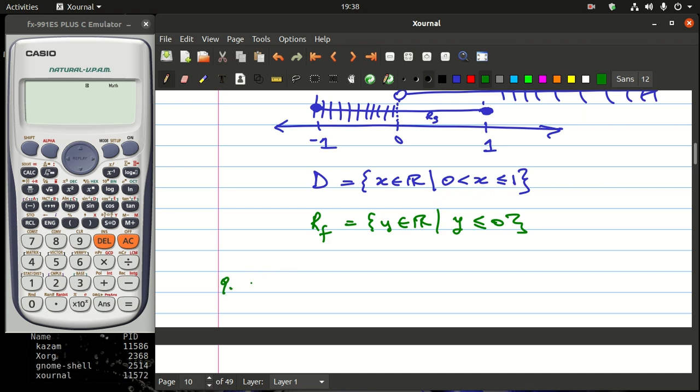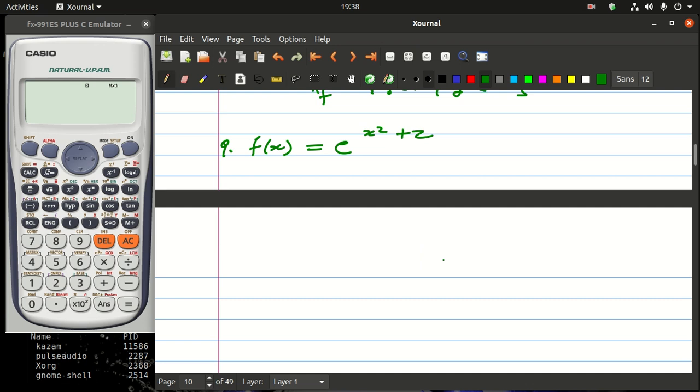And the last function is going to be f of x is equal to e to the power x squared plus 2. Again, we know the function f of x is some e to the power x because this is an exponential. But now we have this thing that is sitting in the value of x.